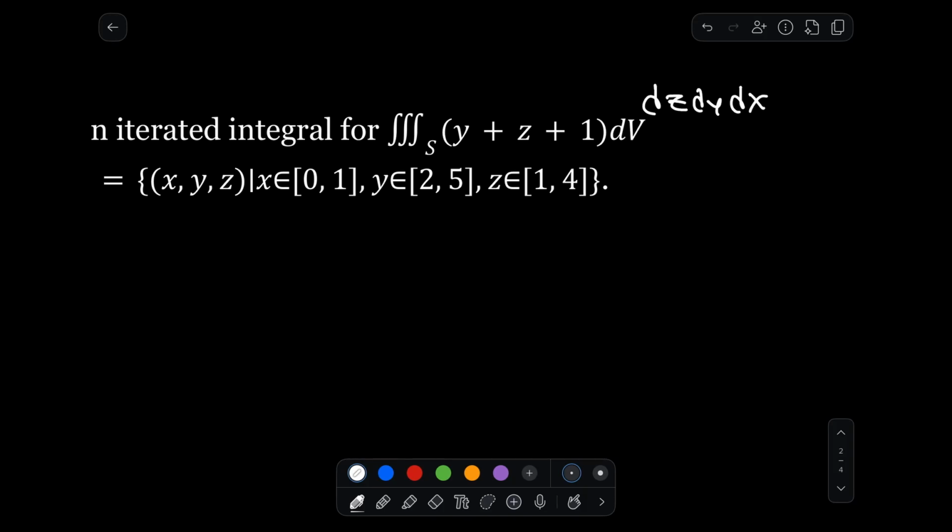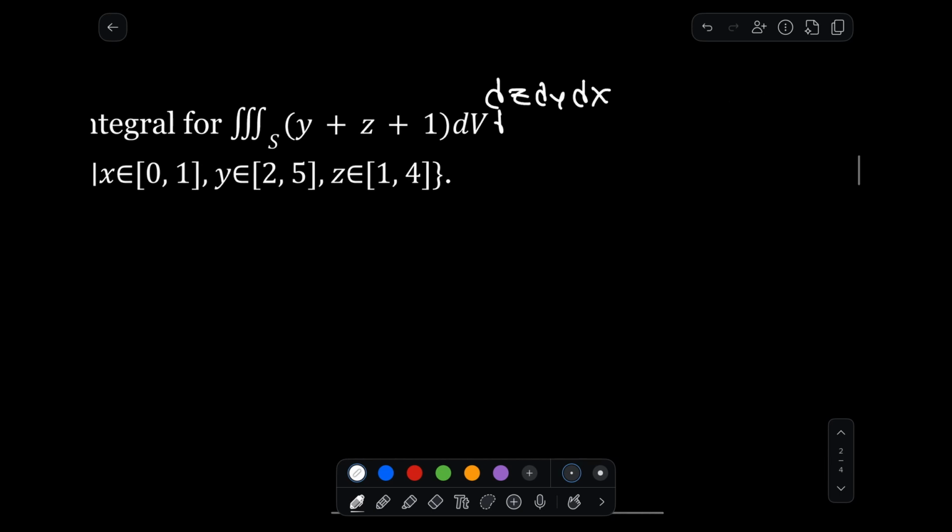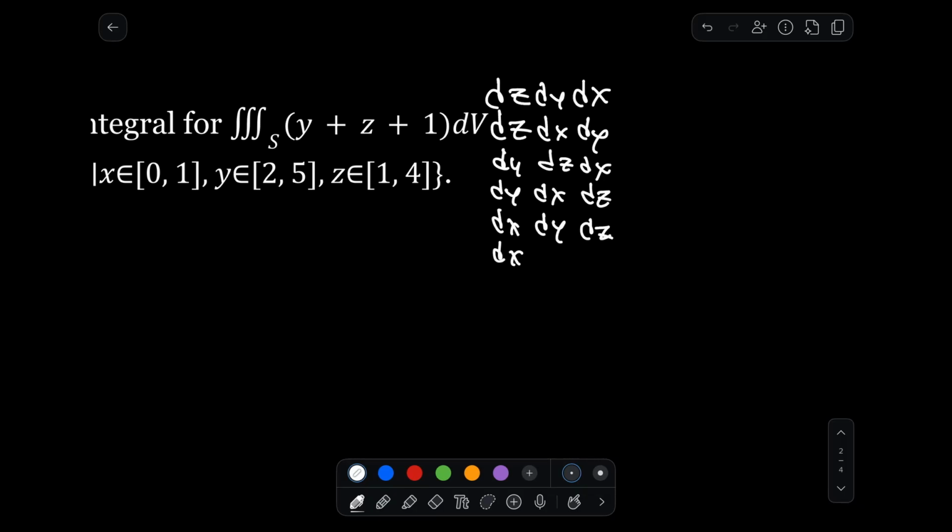Now, one thing I would like to mention before we even start this problem is that there are technically 6 different ways that you can order a triple integral. I can show that real quick: dz, dy, dx; dz, dx, dy; dy, dx, dz; dy, dz, dx; dx, dz, dy; and dx, dy, dz.